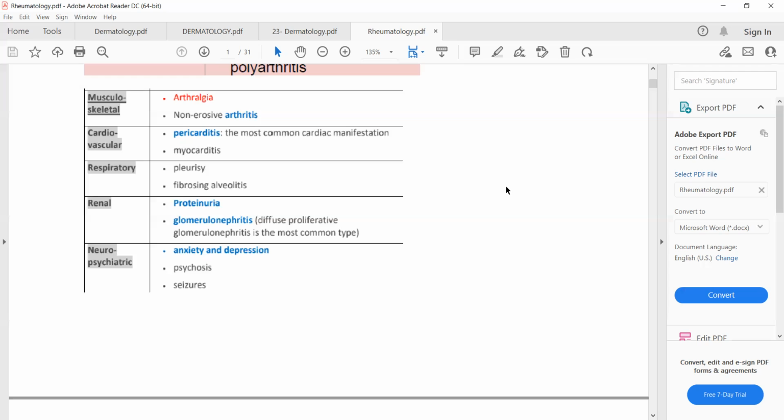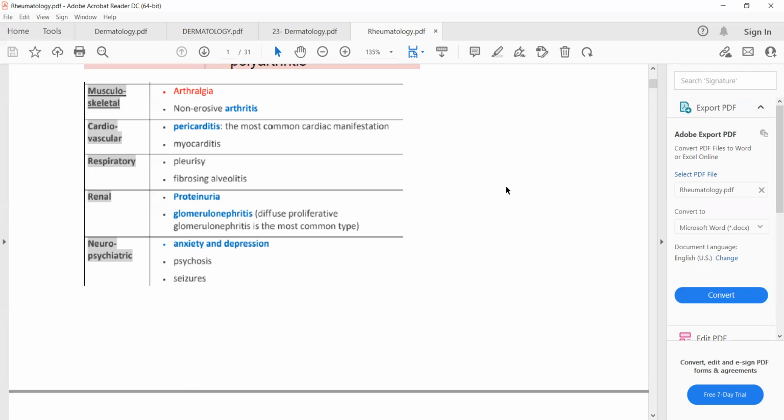Now in the abdomen, it can affect the kidneys, which will result in kidney failure or kidney damage and proteinuria. The type of glomerulonephritis that is present in SLE is diffuse proliferative glomerulonephritis. When there is renal involvement, we call it lupus nephritis.